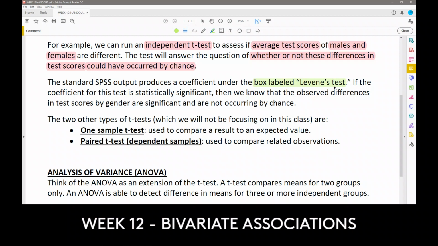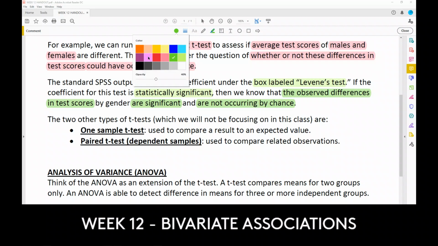Now, the coefficient under the Levene's test tells us about the relationship. If we look at this coefficient for this test and it is statistically significant, that tells us that the differences that we observe in the test scores by gender or by sex are significant and they are not occurring by chance.